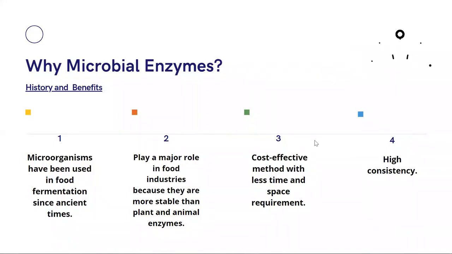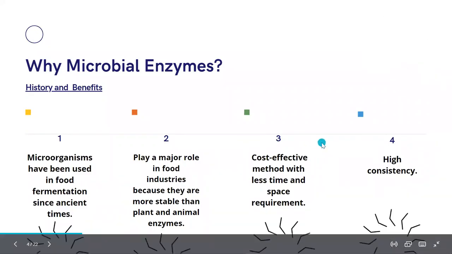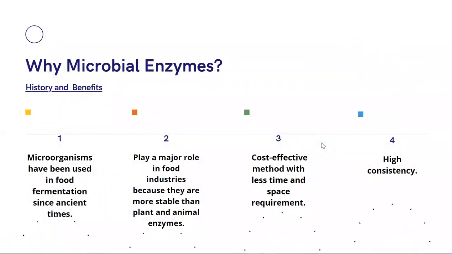So you can see, in a small space, billions of microbes can grow, right? Your petri dish is just a small plate, and in that, billions of microbes can grow. So that is why this is a very cost effective method, and they require very little time and space. That is why they are one of the preferred methods.